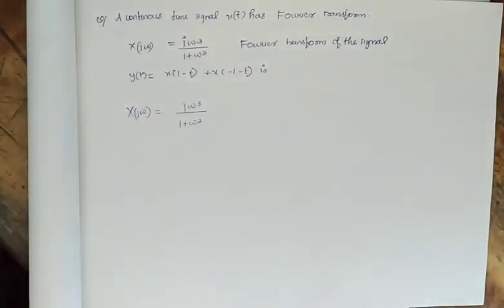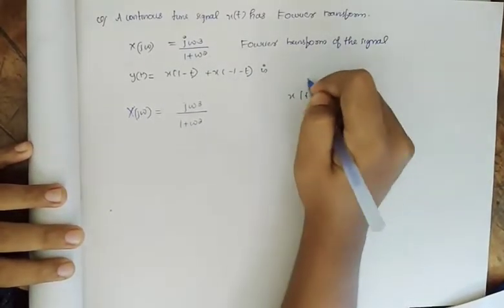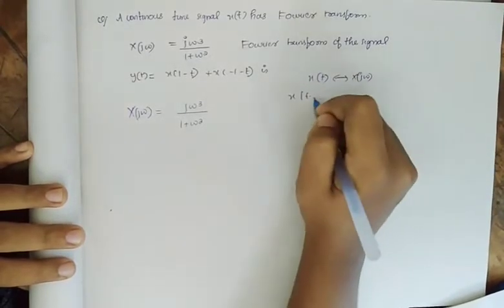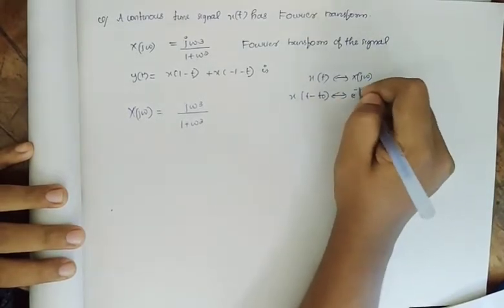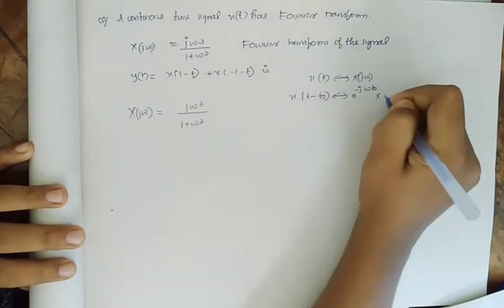So, the first property of the Fourier transform that I am going to use is that x of t minus t0. Let x of t have a Fourier transform of X of j omega, and x of t minus t0 will have a Fourier transform of e raised to minus j omega t0 times X of j omega.